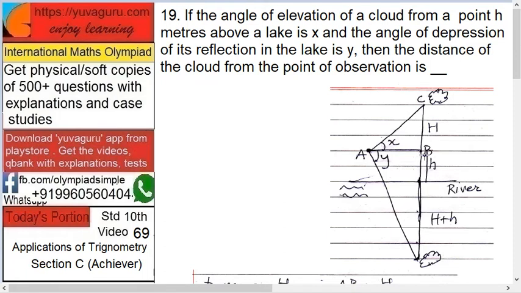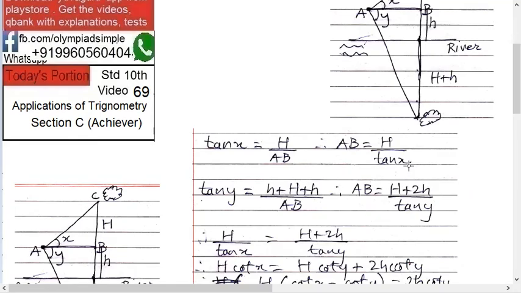That is small h first, and then the total height H plus h will be fully reflected inside. So the vertical height will be H plus 2h. This is what you have to remember always, because this is the only trick in this problem. So let's solve this now.